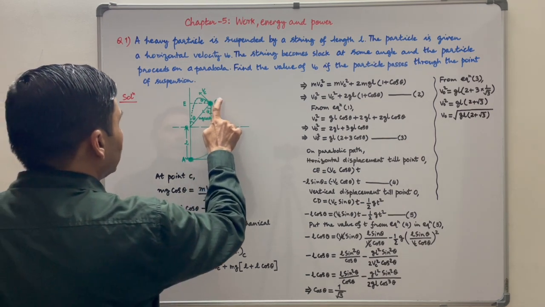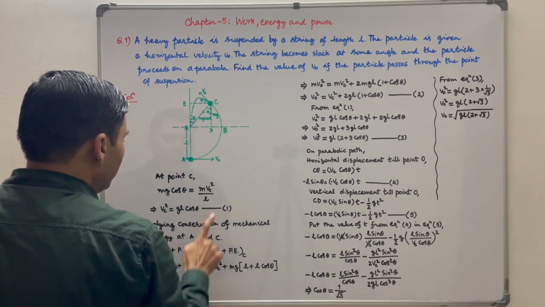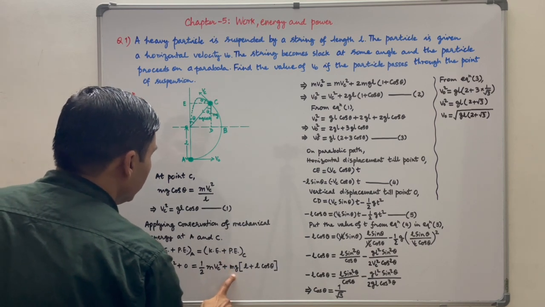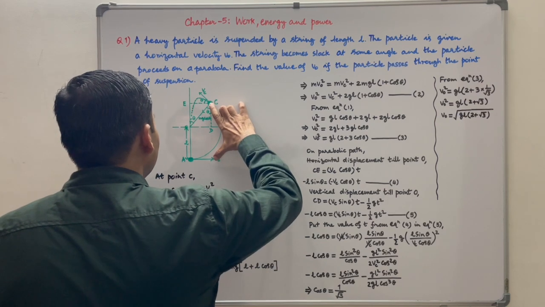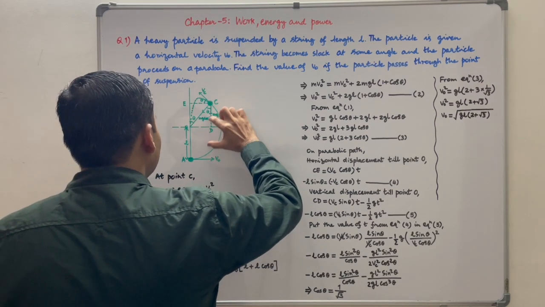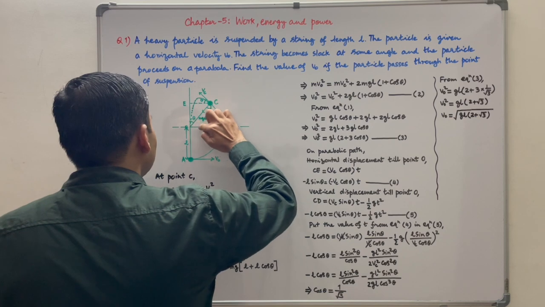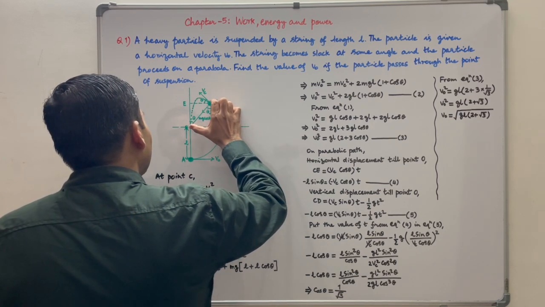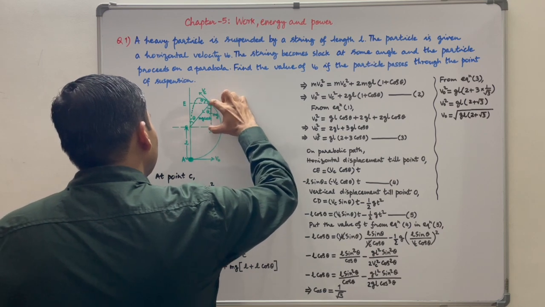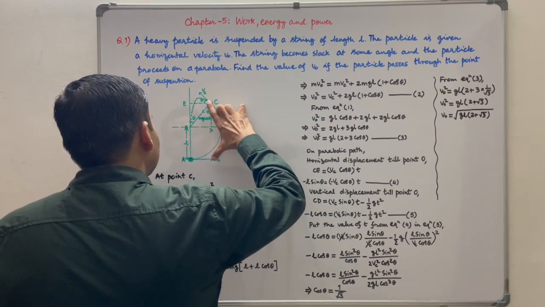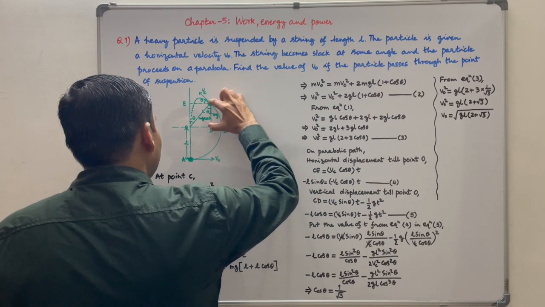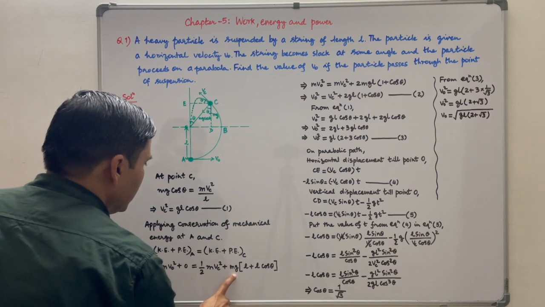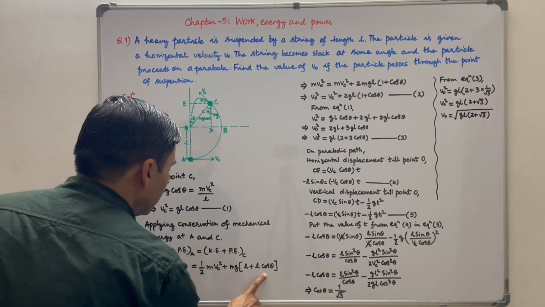Kinetic energy at point C is ½mvc² and potential energy is mg times this height, and this height is L plus CD. In this right angle triangle, cos theta is equal to CD/CO, so CD will be L cos theta. So this height will be L plus L cos theta, and potential energy at C will be mg(L + L cos theta).